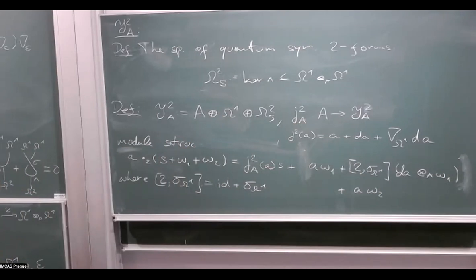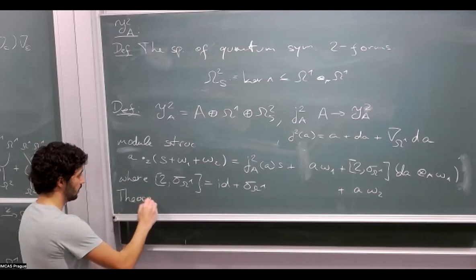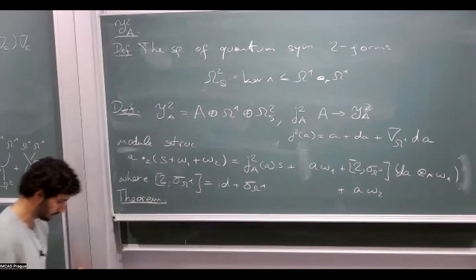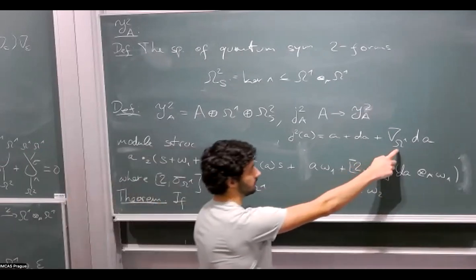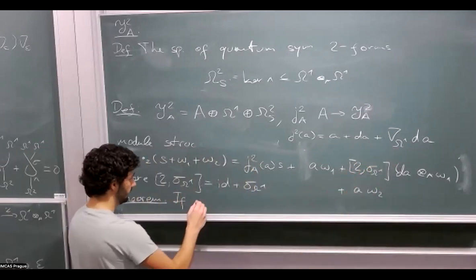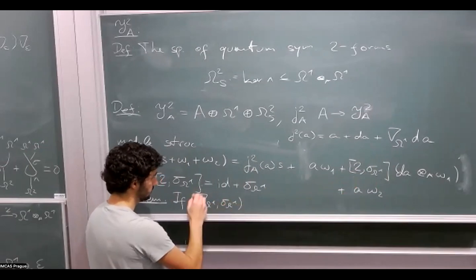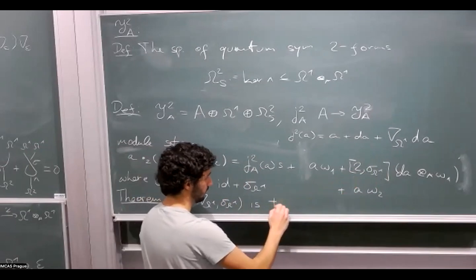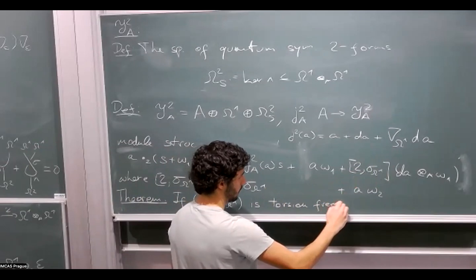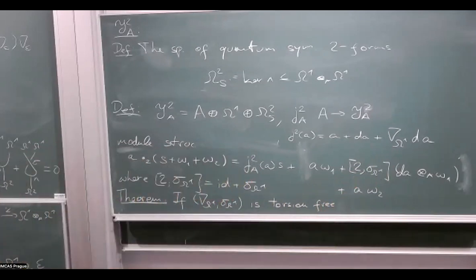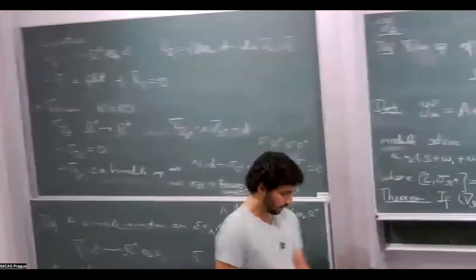And the theorem that we proved here, I'll just write it very quickly, is that the connection that we have chosen here is torsion free. In particular, torsion free means that torsion is 0, so it is automatically a bimodule.